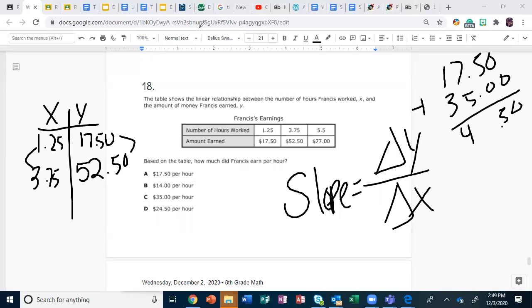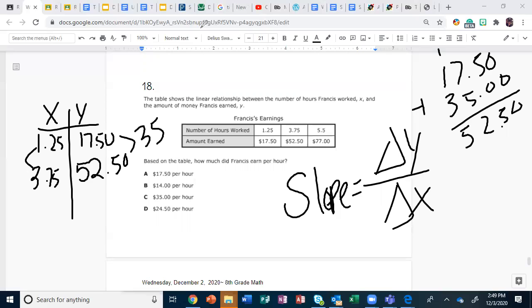So 5. That'll be 12, 30 to 1. Yeah, 12. And I have 1. So it's 3, 4, 5, and it's 52.50. So it's $35, guys.